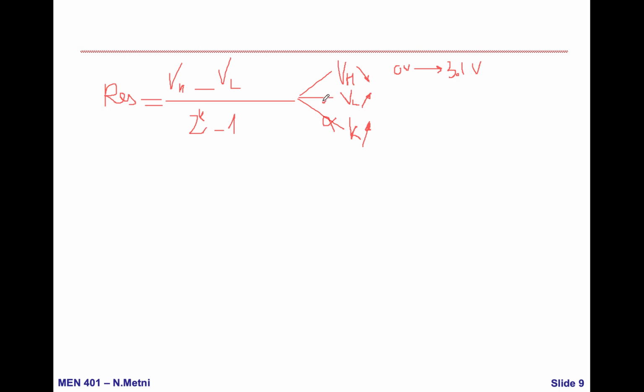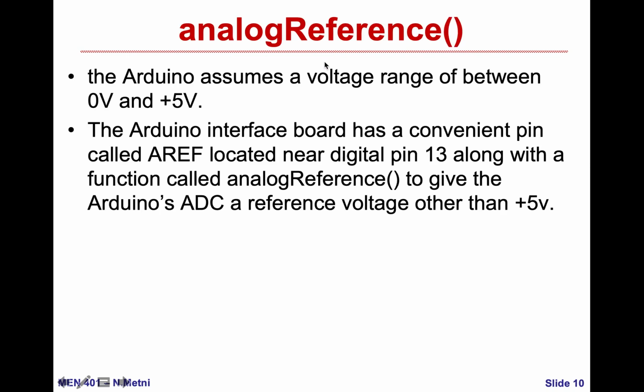So this is not a very good practical way to optimize my resolution. The only option remaining is to decrease the high voltage, not 5 volt, depending on what I have, and this is done on the Arduino by using the analog reference.